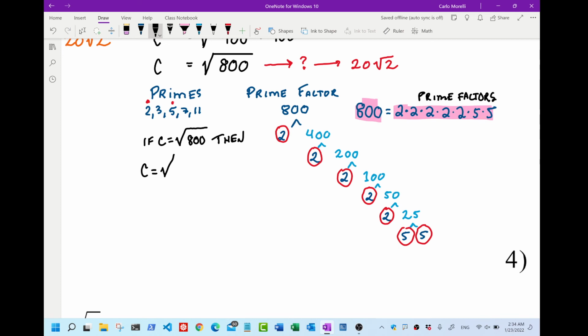Remember the product of the primes. So you can put in 2 times 2 times 2 times 2 times 2. There were 5 of them. Times 5 times 5.